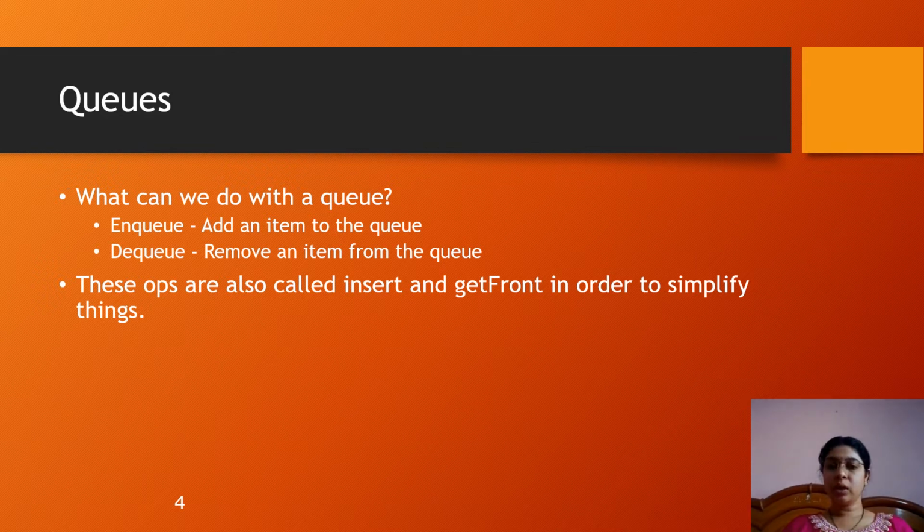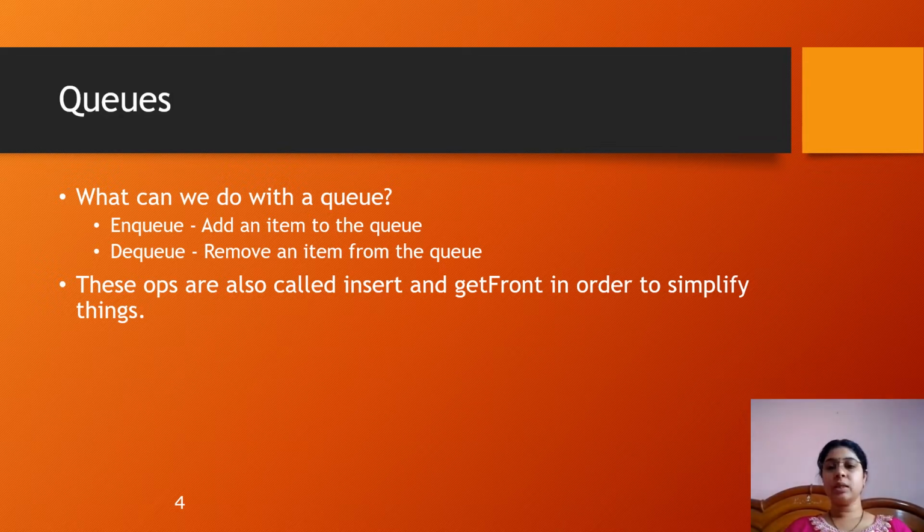Because a queue always starts with the first position and ends with the last position. So students, in a queue, whenever we add any item, we call it enqueue. And whenever we delete or remove any item, it's called dequeue. These are the basic operations that we perform on the queue data structure.